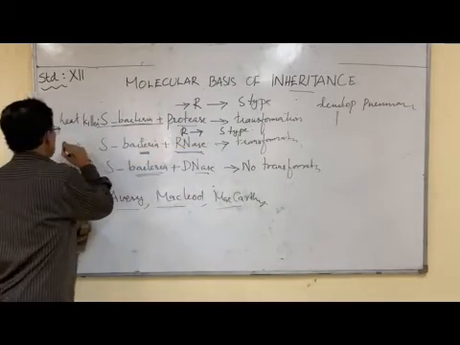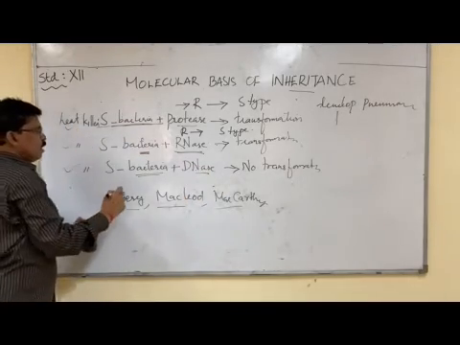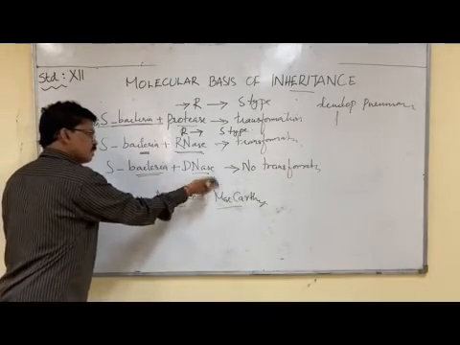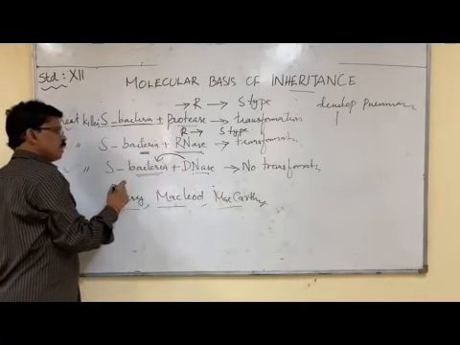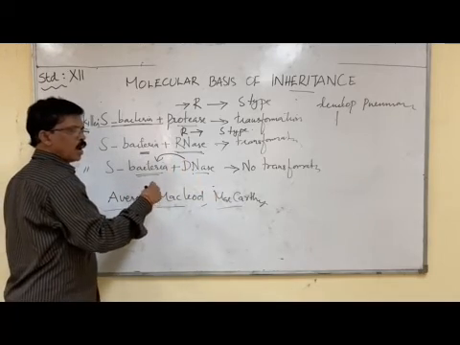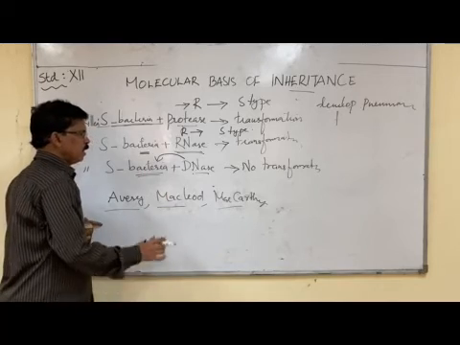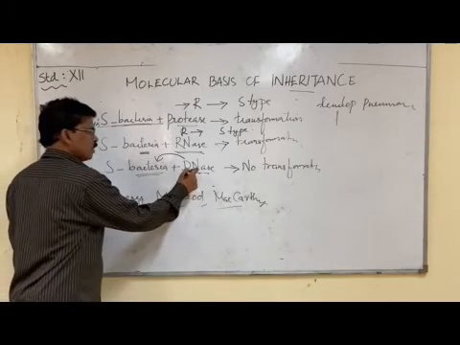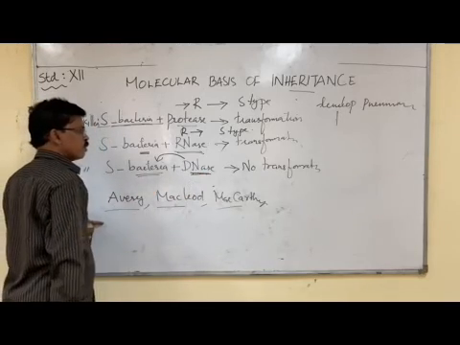So from these three simple activities, we can understand that when they use the DNase enzyme, it dissolves the DNA of the heat-killed S type bacteria. So there is no DNA to transform R bacteria into S type bacteria. No transformation took place.